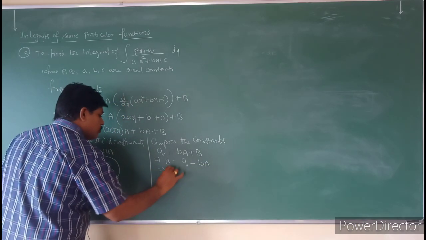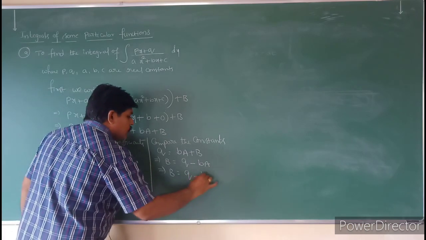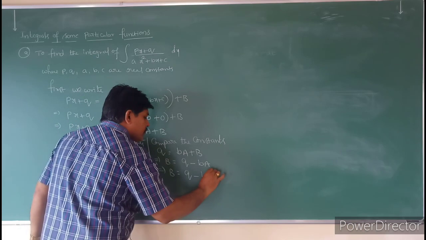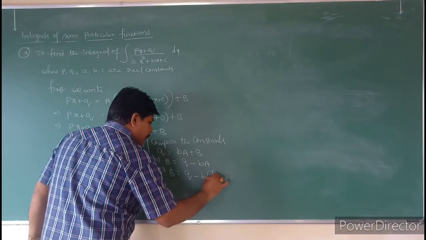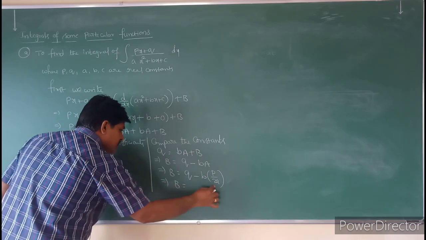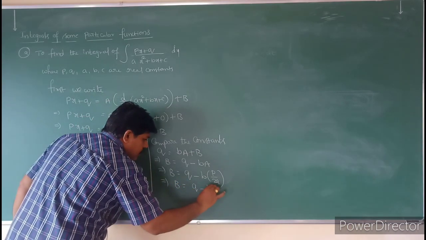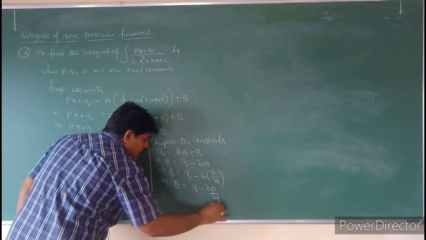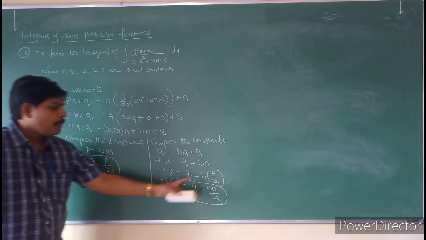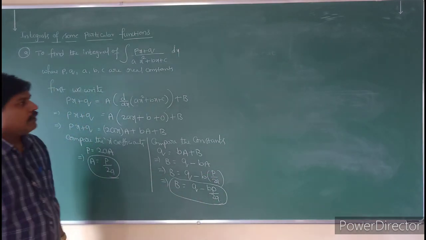So b is equal to q minus b into, what is the a value? P by 2a. Substitute that value here. That meaning is b is equal to q minus bp by 2a.